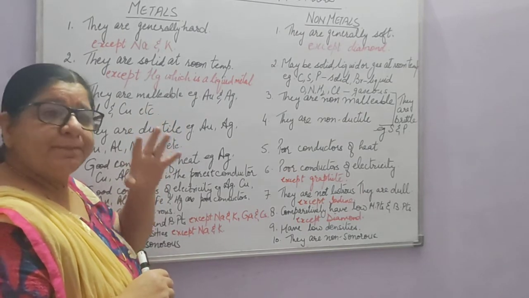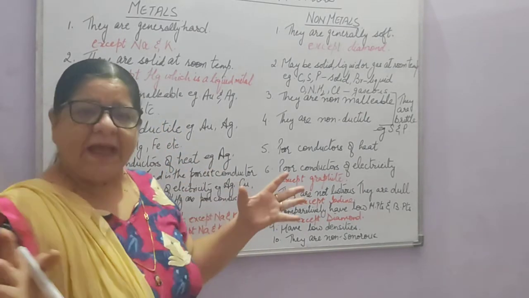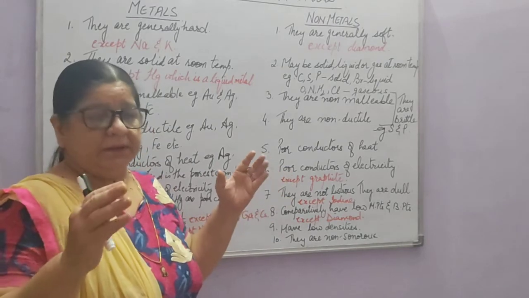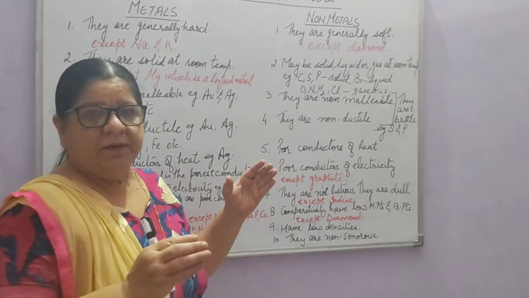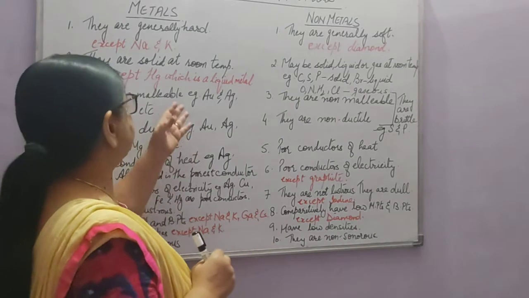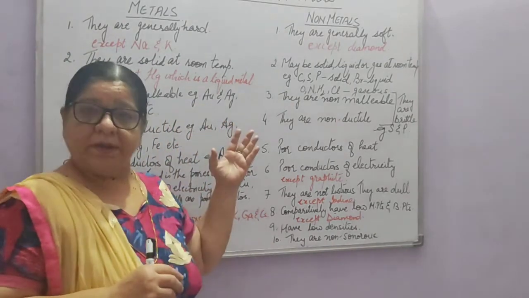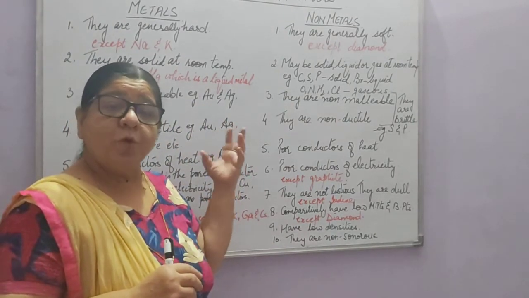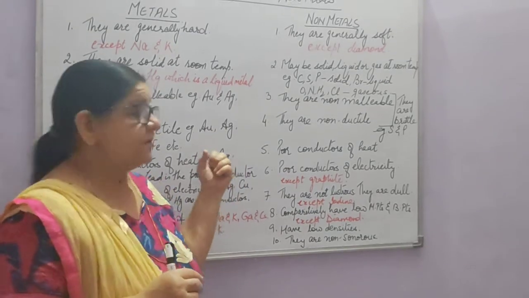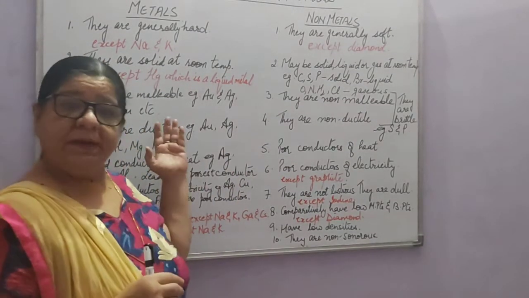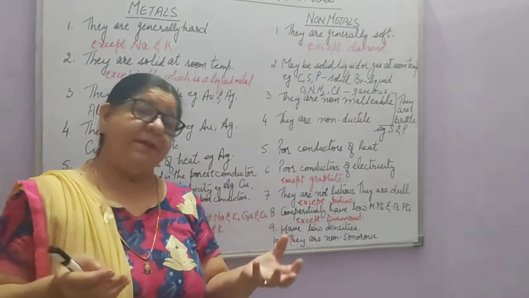Malleable means the property by which they can be beaten into sheets. Right? They can be beaten into sheets like silver and gold. They are the most malleable substances. Then comes aluminium, copper, aluminium foil.